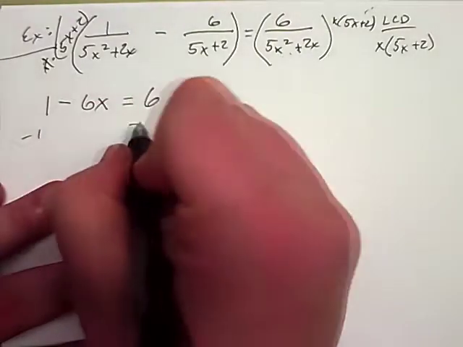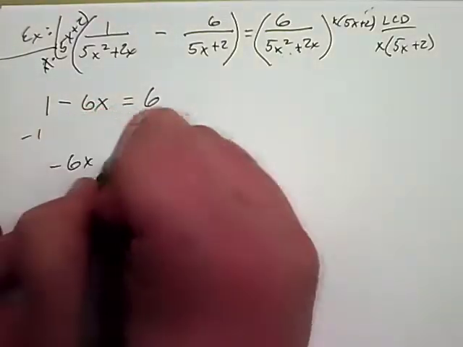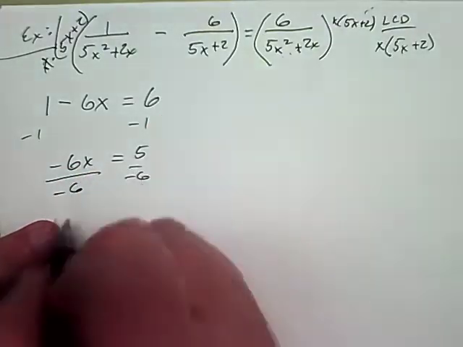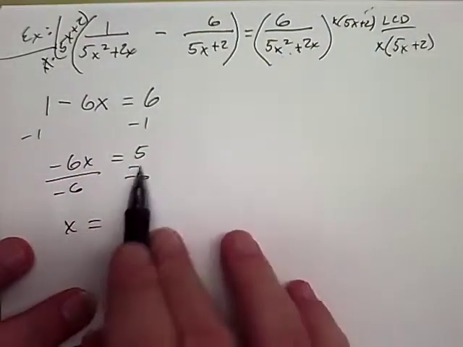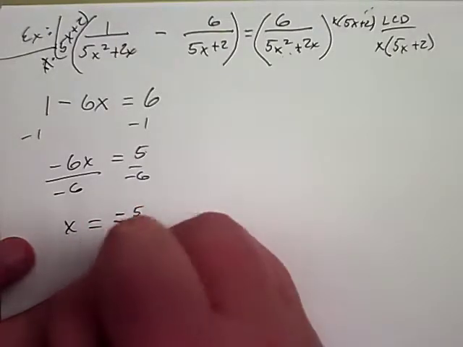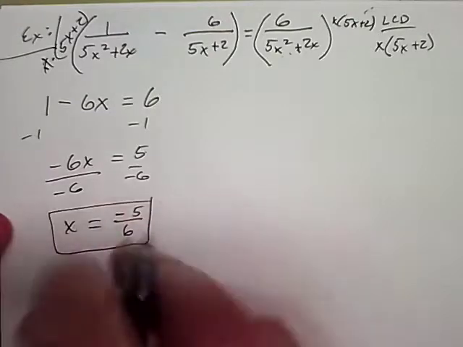Now I subtract the 1, and I get negative 6x equals 5. Dividing by negative 6, x equals a positive divided by a negative, so it's negative. I'll just leave my fraction; there's nothing I can reduce.